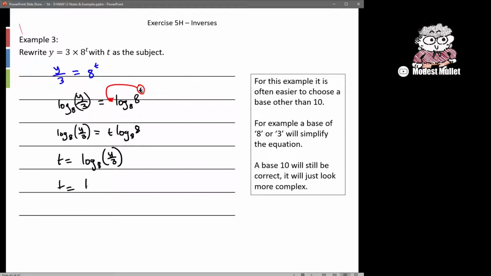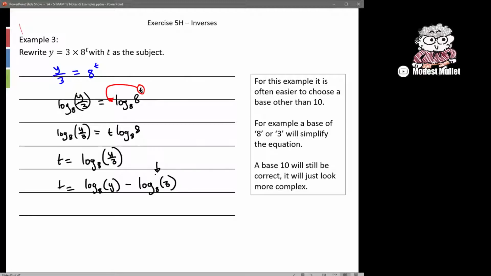We could turn this into log base 8 of y take away log base 8 of 3 if you wanted to. If you really wanted to, you could then change the bases of this and end up with a fraction, but there's no real point. Leave it as that. That's completely fine.